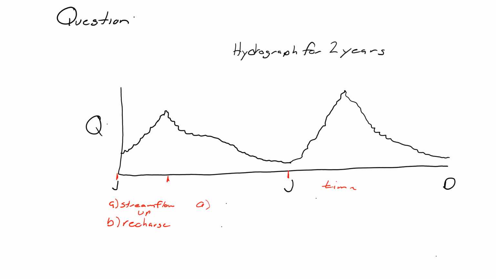So during this next time period, what's happening to your stream flow? Dropping, right? So stream flow is dropping. What's happening to your aquifer? It's draining, right? It's losing water into the stream, okay?